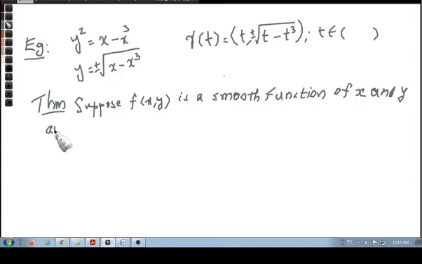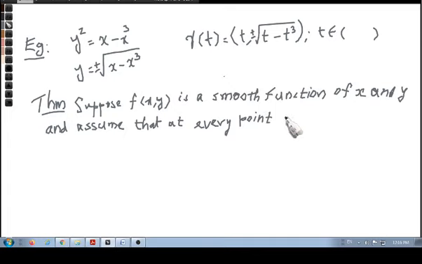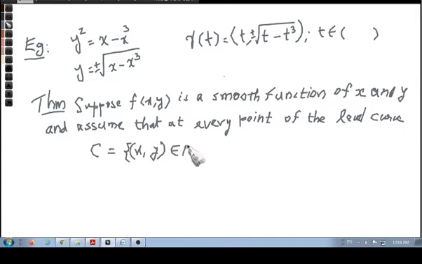And assume that at every point of the level curve C equal to the set of all x comma y in R2 such that f of x comma y is equal to 0. So that is your level curve.